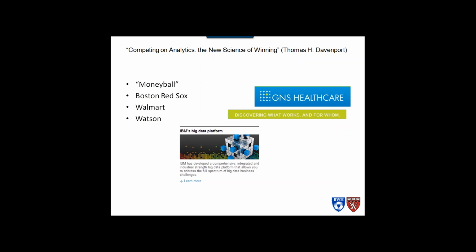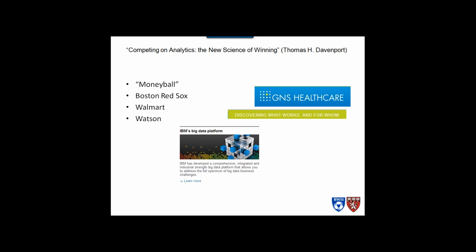Within healthcare, Watson has been perhaps the most notable venture. Watson is the computer that played Jeopardy and notably beat Ken Jennings. And IBM has now turned Watson to a variety of different areas in healthcare.